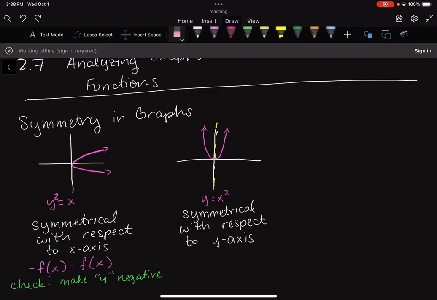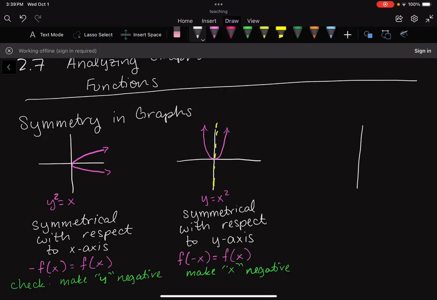For this one, the property that we'll see is if we plug in a negative x, it'll be as if we plugged in a positive x. So we'll get that negative x plugged in is the same as a positive x plugged in. And so to check for this, we will make our x negative and see what happens.